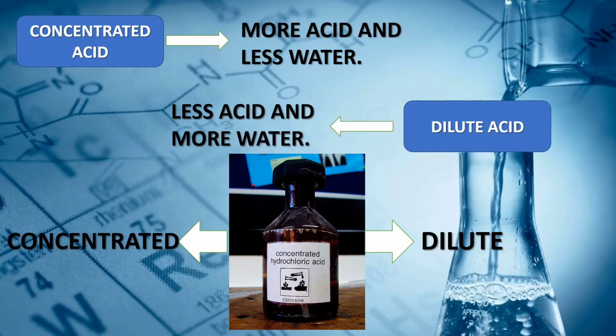So if any solution is dilute or concentrated, you should conclude whether the amount of water is more or less in that substance. If concentrated, the amount of water is less, and if dilute, the amount of water is more. This is how we can categorize them as concentrated solution or dilute solution.